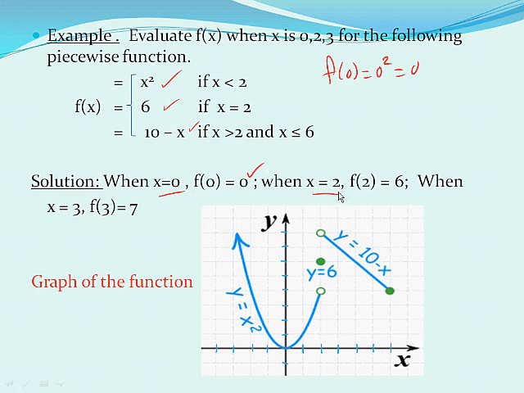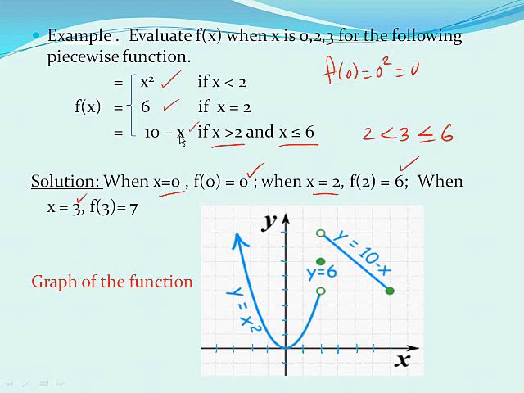When x equal to 2, the function formula is f of x equal to 6. So, the value at x equal to 2 is simply 6. When x is 3, 3 lies between 2 and 6, which means it satisfies the last condition. So we need to use the formula 10 minus x to compute f of 3.